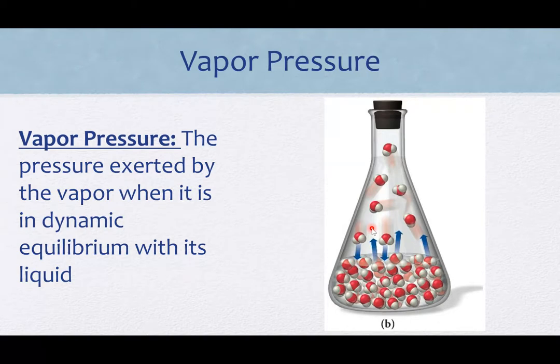Okay. So what we're going to talk about now is how the addition of particles affects the vapor pressure. If I looked at a pure water sample, and then I opened it up, added a few salt particles, and closed it, how would that affect the vapor pressure? And then we're going to answer why it affects the vapor pressure.